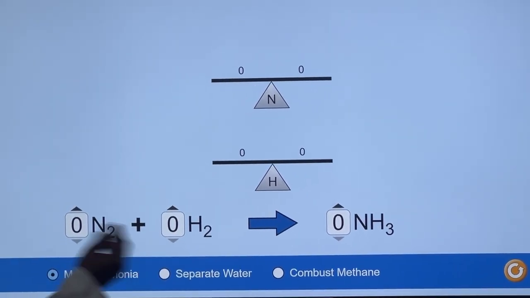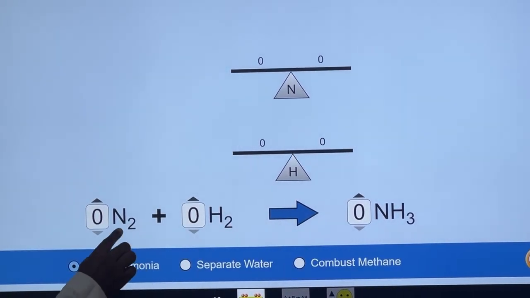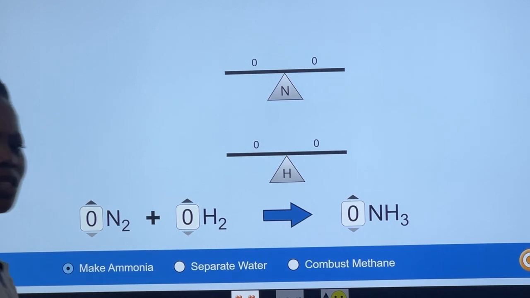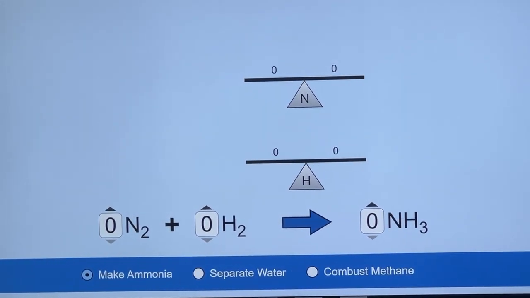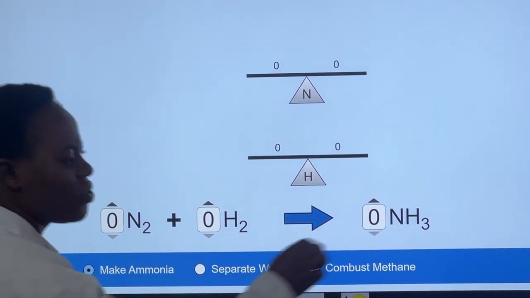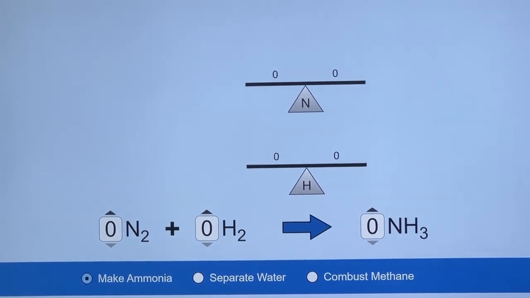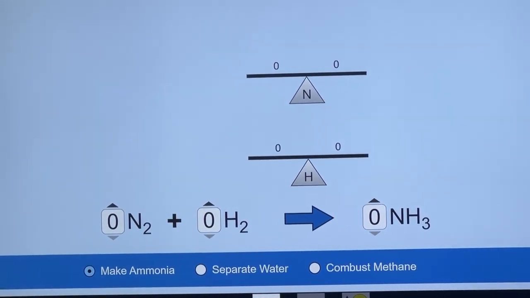So we want to look at the reactant side, the molecules that are here, the nitrogen and the hydrogen, and the molecule on the product side as well, which is the ammonia, as you can see. How do we ensure the number of nitrogen we have here is similar to the number of nitrogen we have in ammonia, and the number of hydrogen is similar to the one in the ammonia molecule?